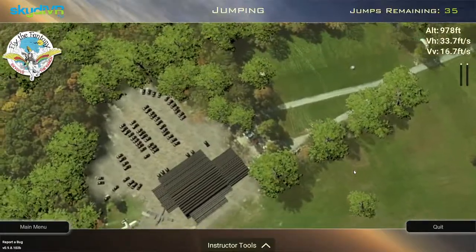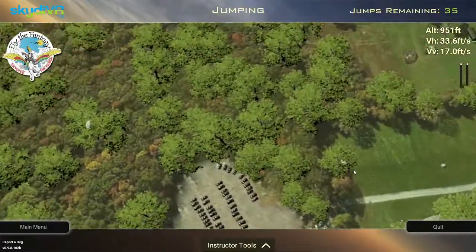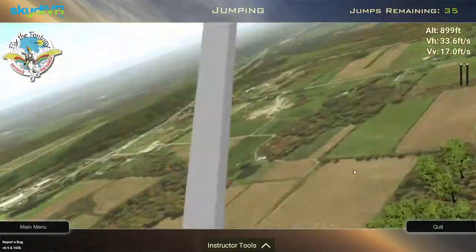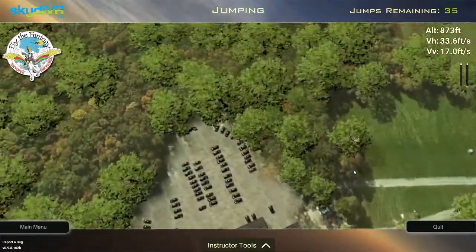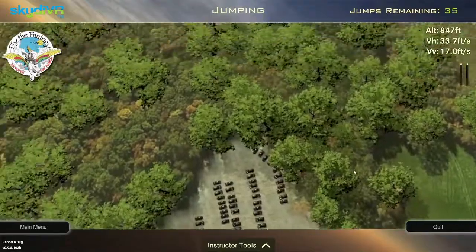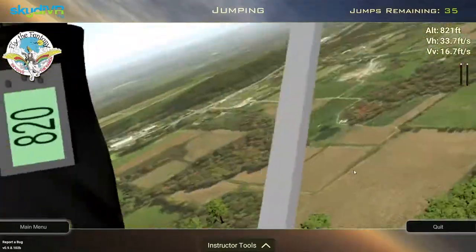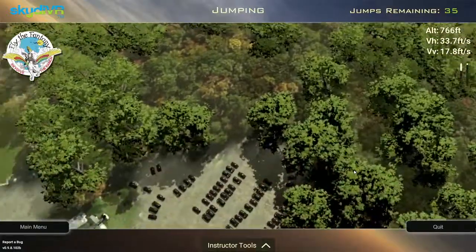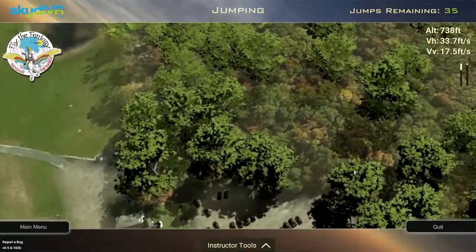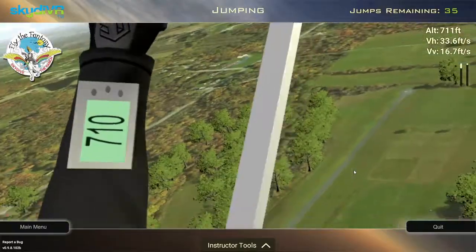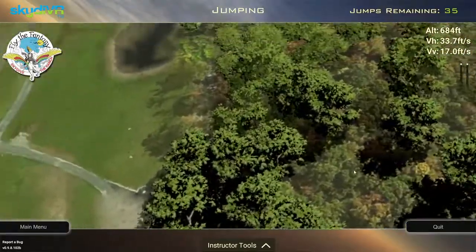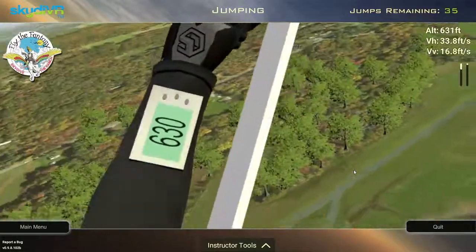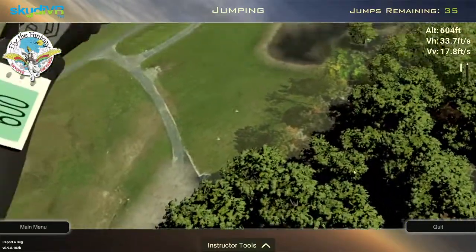So if I fly this leg to a slightly lower altitude than 900, whatever that difference was, that's going to put me out more or less where I want it to be in this downwind line. So I'm kind of bending around that corner to catch up to where I would be, and I might choose to do a little rear risering. All right, 600 feet, and I'm slowly bending myself in.